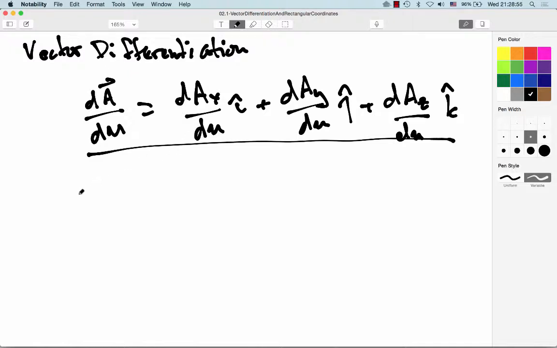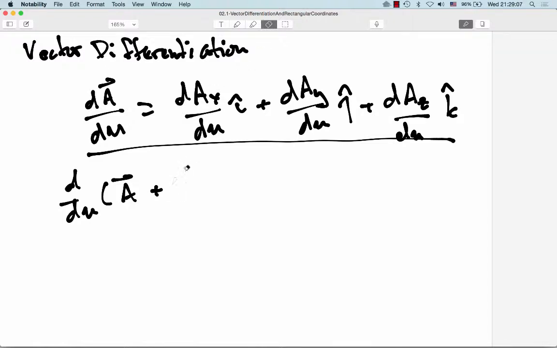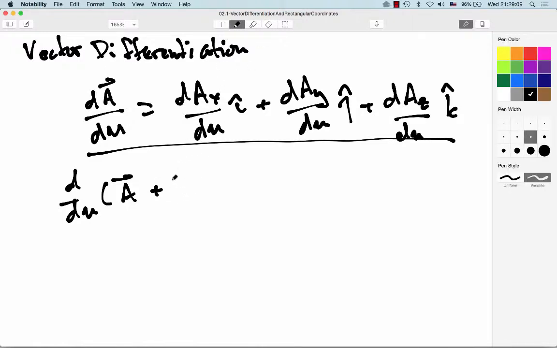Some quick identities. Many of these will look very similar to ones that you've seen in regular calculus. So for instance, if I differentiate a vector sum, it is equal to the vector sum of the derivatives.